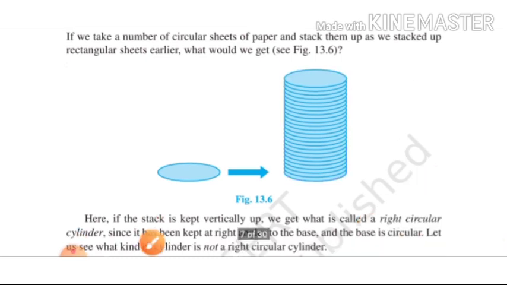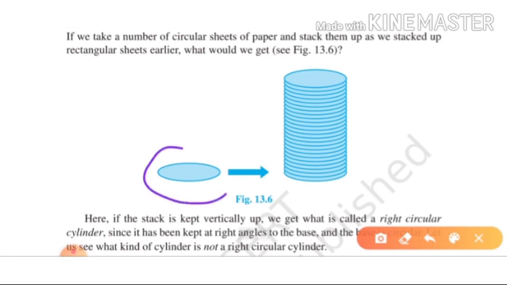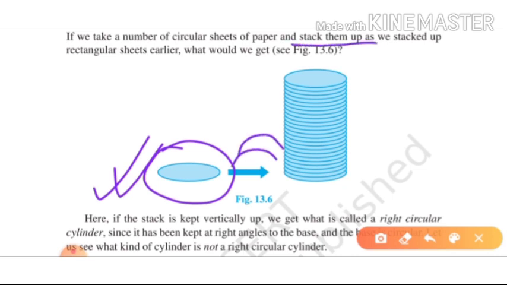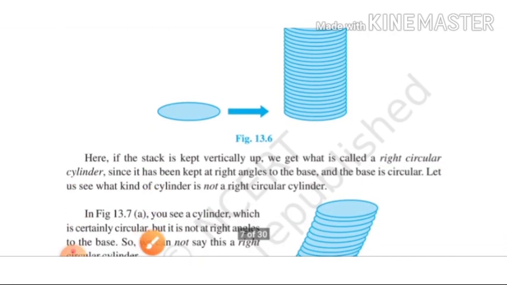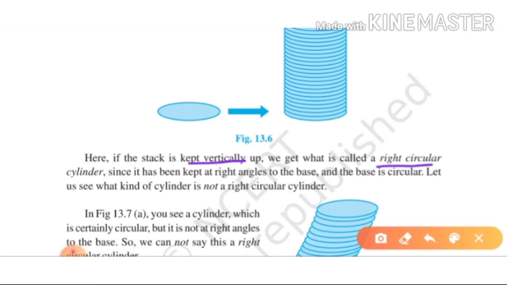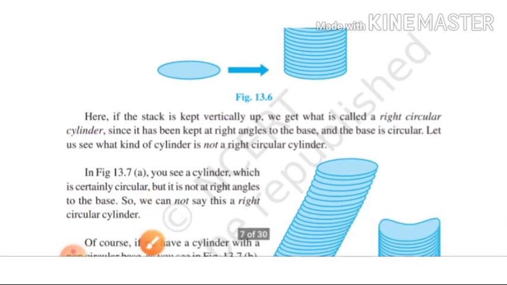Where if you see, this is a circular area, and when you stack them up, one above the other like this, we form a 3D figure, and that is a cylinder. And as it is kept vertically up, this is known as a right circular cylinder.